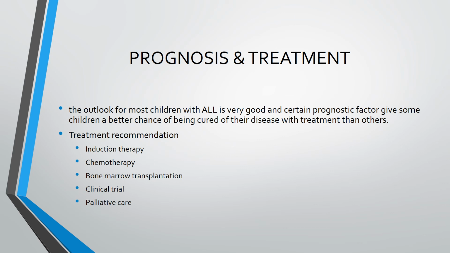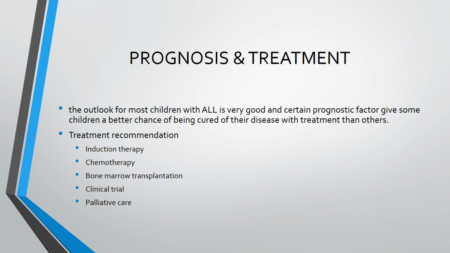The first thing is induction therapy. Induction therapy is the first treatment given for ALL. Induction therapy consists of multiple combinations of drugs. After that, it proceeds with chemotherapy, and then bone marrow transplantation, clinical trials, and palliative care.